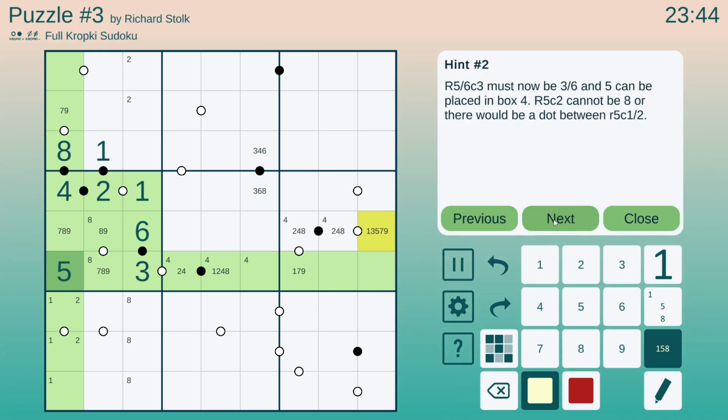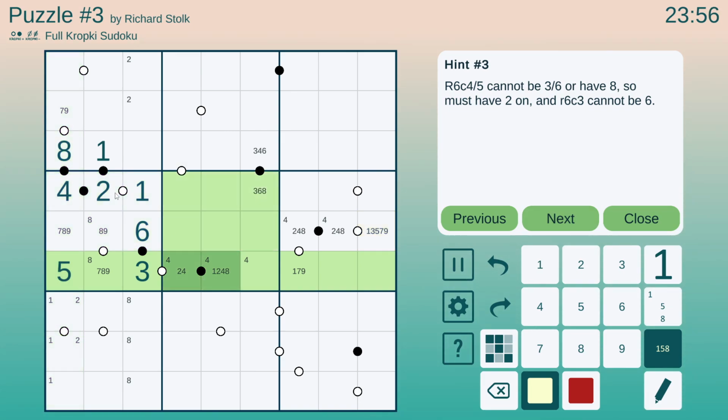Alright, whatever. Let's go back to the hint. Row 6, column 4 or 5 cannot be 3, 6, or have 8. Right, why can't this have 8? That's what I was just trying to figure out.